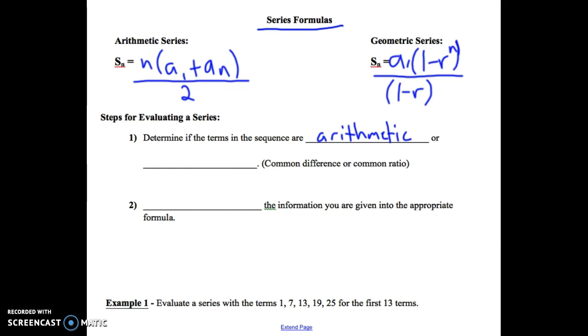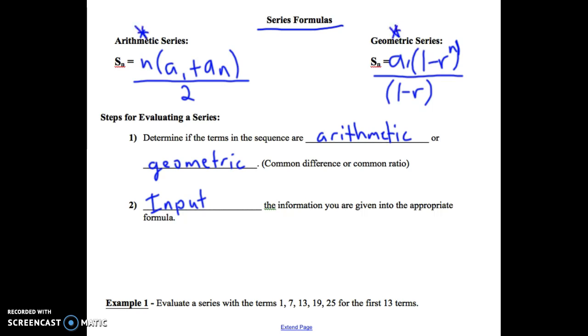Hopefully that skill is pretty straightforward to you by now. The second step is, once you do that, you input the information you're given into the appropriate formula. So really you just have to determine if the sequence is arithmetic or geometric, because that clues you into whether you should use this formula or that formula.